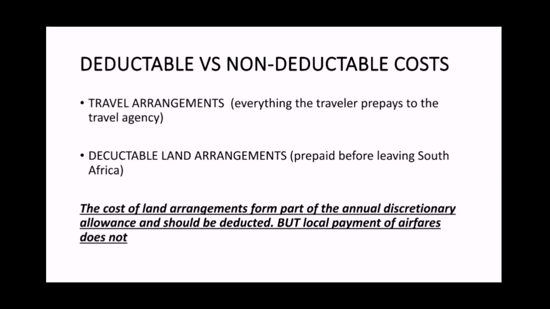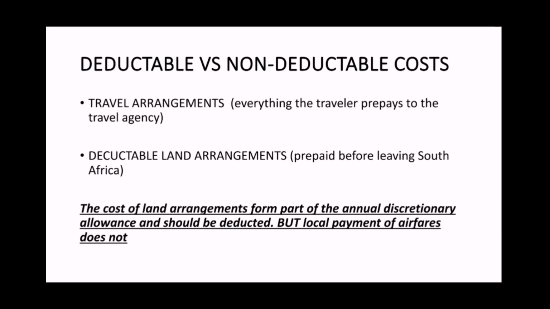Then we have deductible and non-deductible costs. Now, in the previous slide, I did say that in common monetary areas you can take a specific amount of money, 25,000 rand to be exact, and it will not be deducted from your annual discretionary travel allowance.